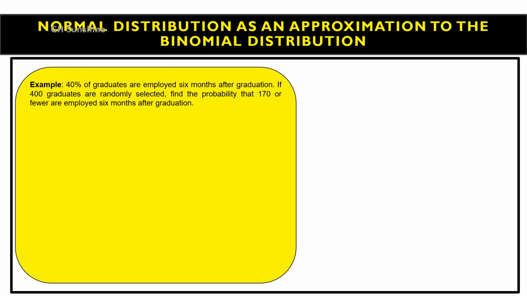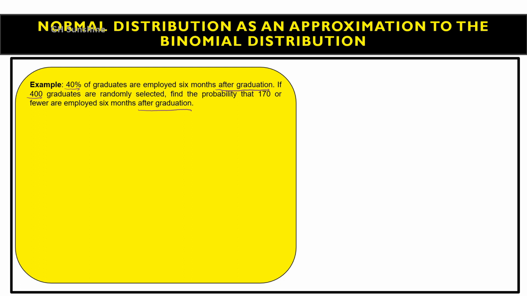Two parameters, n the number of independent trials, and the p-value. Is it p, 40%? So look at here, after graduation. What you need to find is after graduation. Therefore, 40% is the value of p, 0.4.